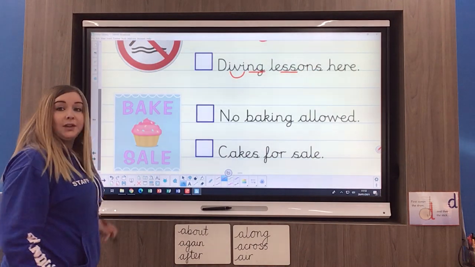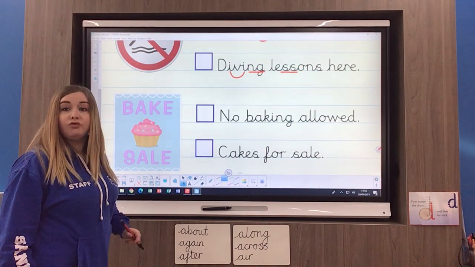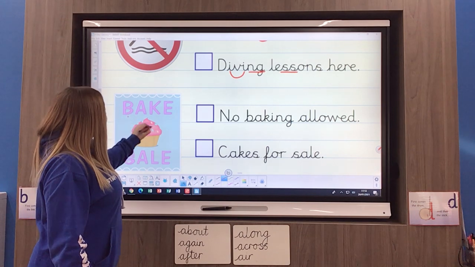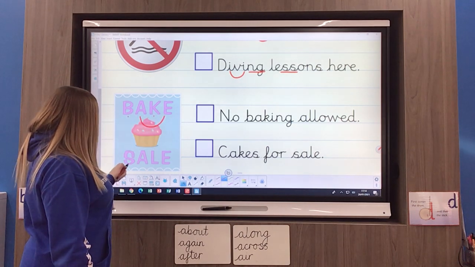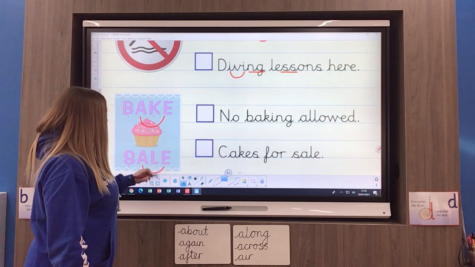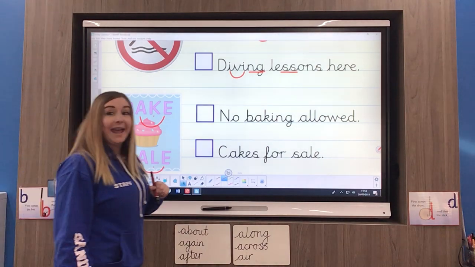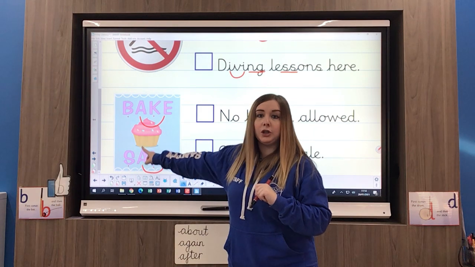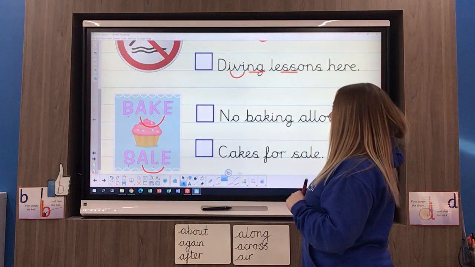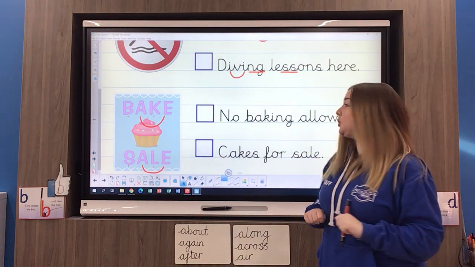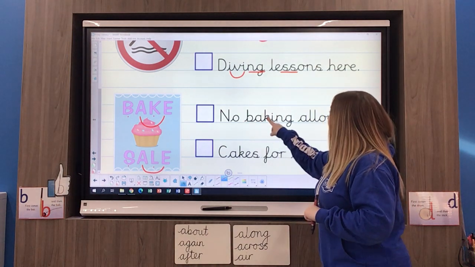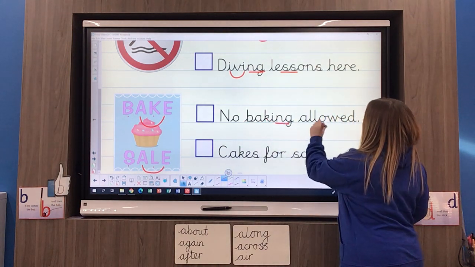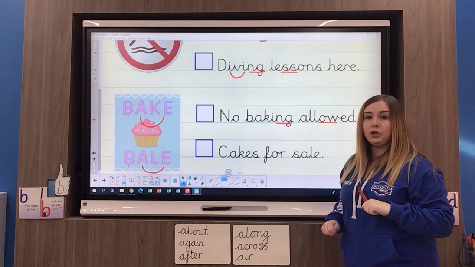Okay, so this one then does have a little bit of writing on. It says bake, sail, and it's got a picture of a delicious looking cupcake as well. So does this picture mean no baking allowed?